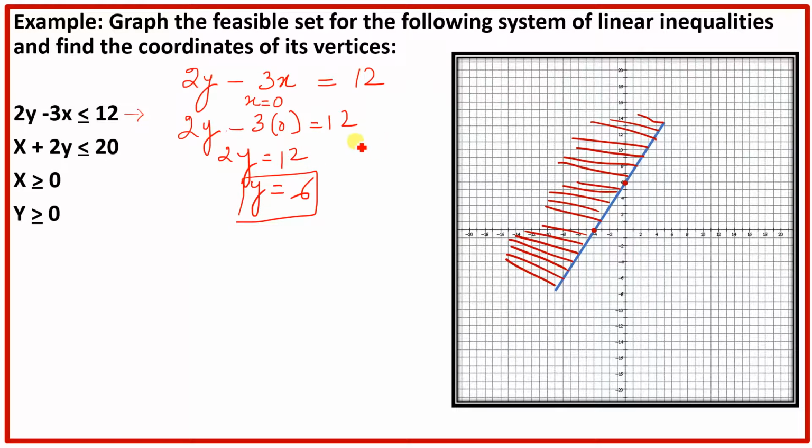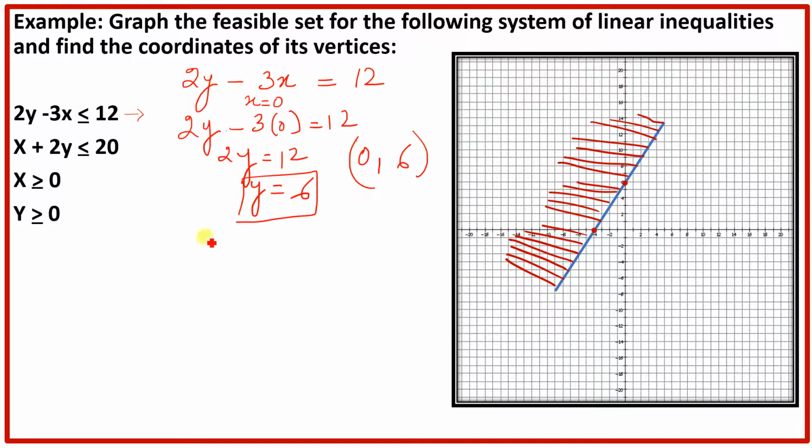Always keep in mind that you have to write the x coordinate first. So here x is 0, and this is the y-intercept, where the value of y is 6. Now again, in this equation we put y equal to 0.